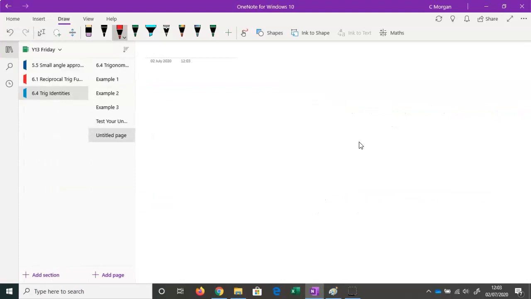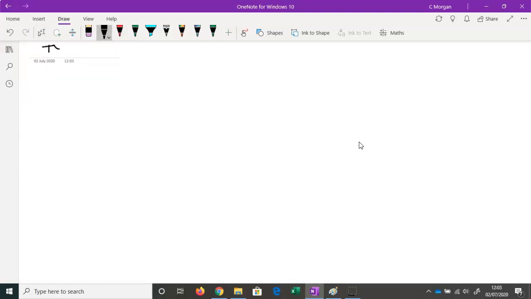Okay, so I'm just going to go through the first one of the test your understanding. Okay, so you were asked to solve 3 sec squared theta, add 3 sec theta is equal to 2 tan squared theta.